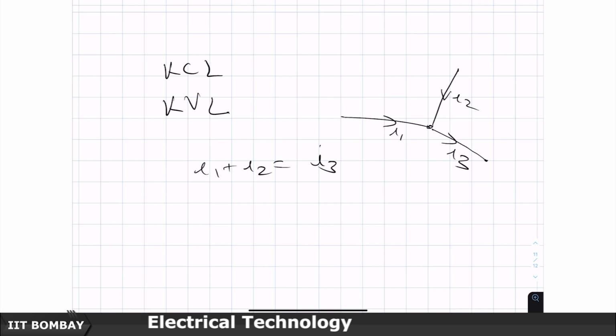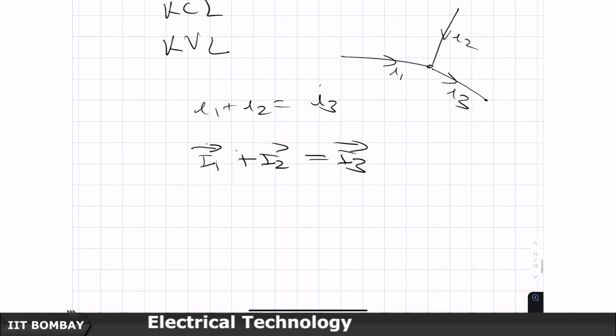If these two are sinusoids at the same frequency, then I can take the phasor representation of I1 and I2 as vectors, and get the phasor representation of I3 by adding the corresponding vectors. So, KCL can directly use phasors, that is the beauty of it.